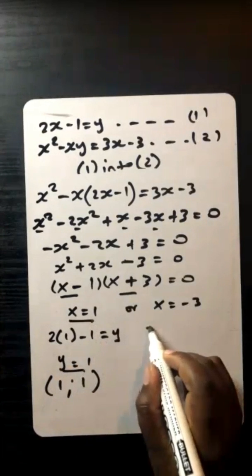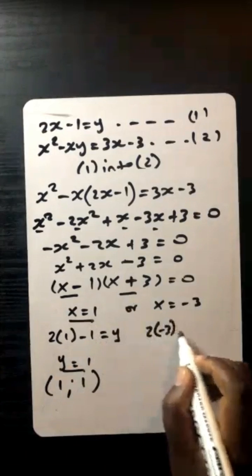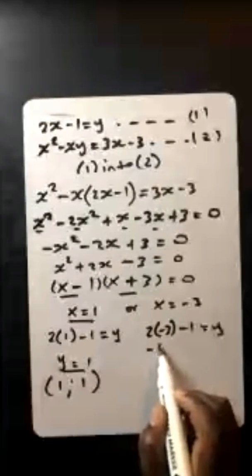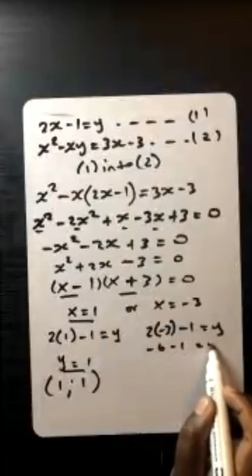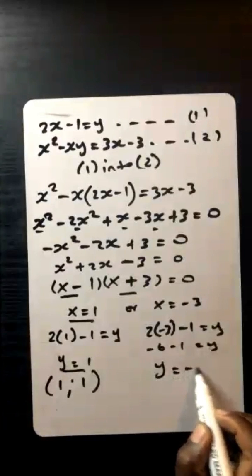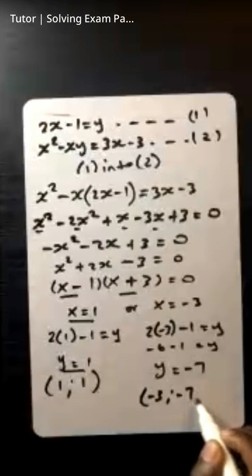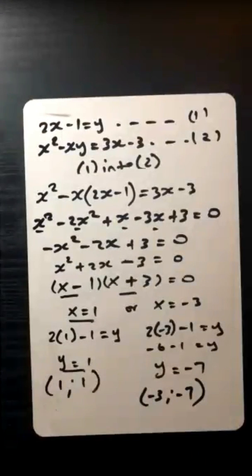Again, you do the same. You say 2 into minus 3 minus 1 is equal to y. Then that is minus 6 minus 1 is equal. So that means y is equal to minus 7. So where x is negative 3, the corresponding y value is negative 7.